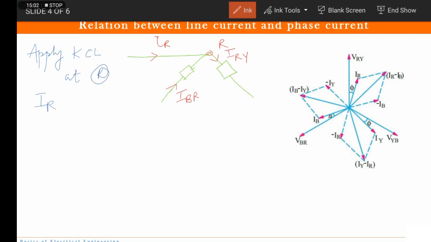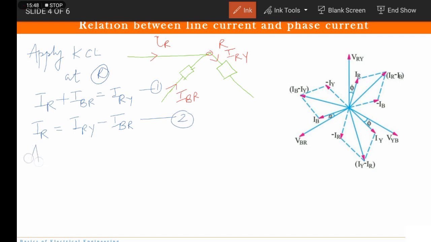Sum of incoming current is equal to sum of outgoing current, right? So IR incoming, IBR incoming, and IRY is outgoing, correct? Equation number 1. Now I am going to change it slightly. Because I want IR, I will convert this equation in terms of IR. So IR will be IRY minus IBR. Correct? Equation number 2.